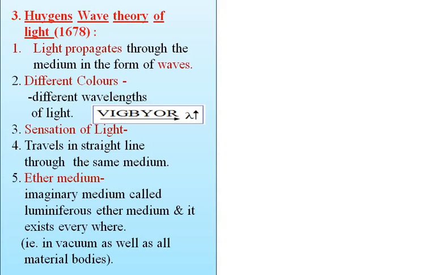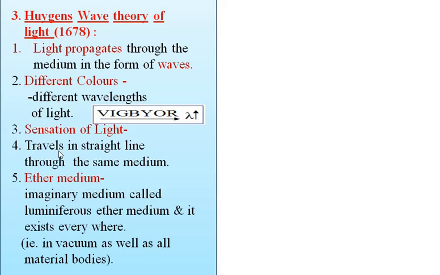The different colors of light are due to the different wavelengths of light, and the wavelength of light increases from violet to red. When the light waves enter our eyes, we get the sensation of light. According to Newton, when the light particles enter our eyes, we get the sensation of light. But according to Huygens, when the light waves enter our eyes, we get the sensation of light.